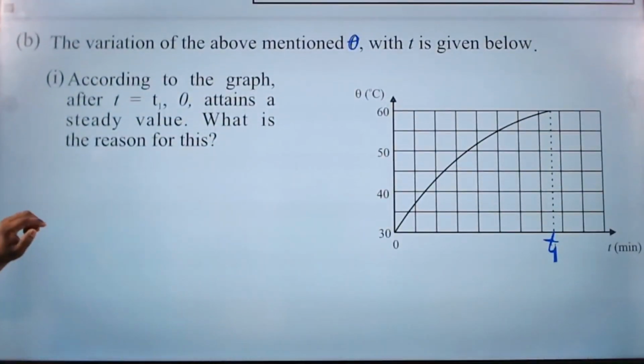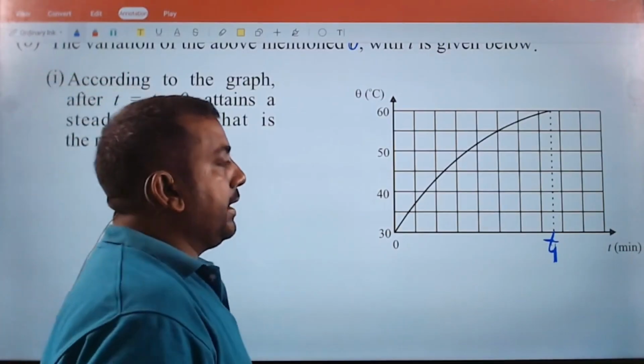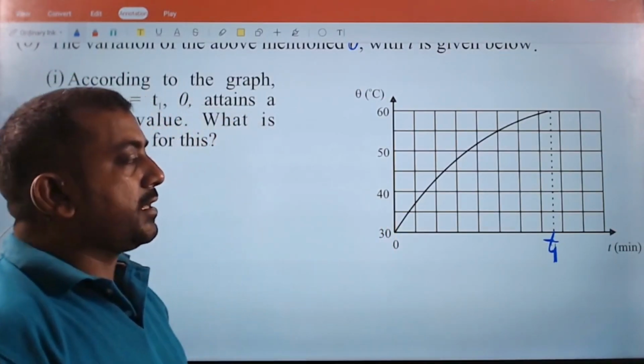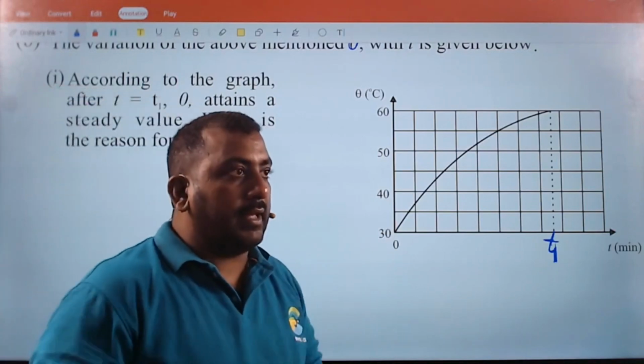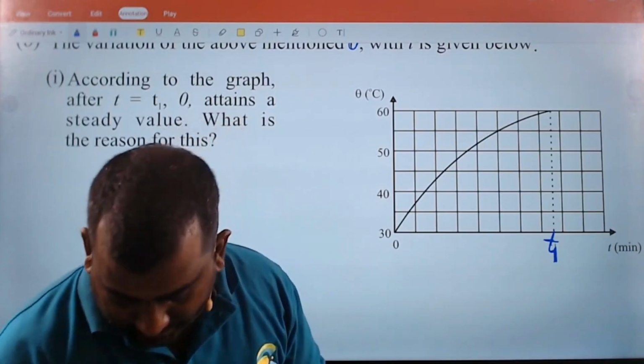It has reached a steady value because the rate in which heat is conducted through the rod is equal to the rate in which heat is lost to the environment.